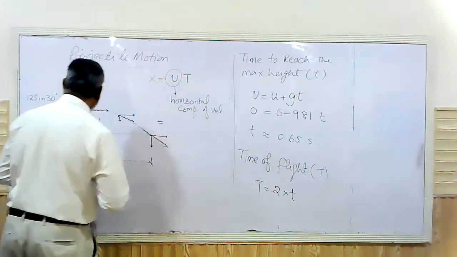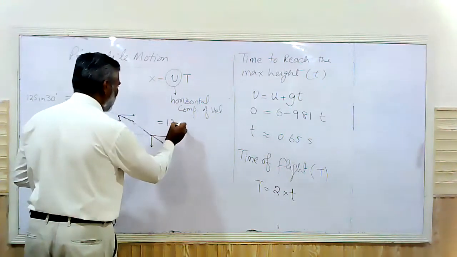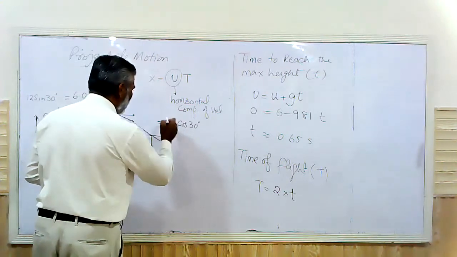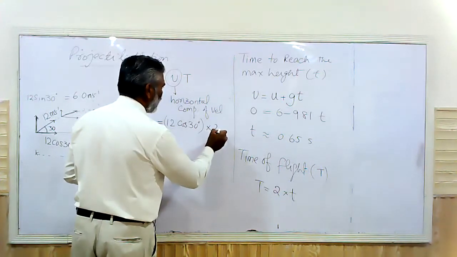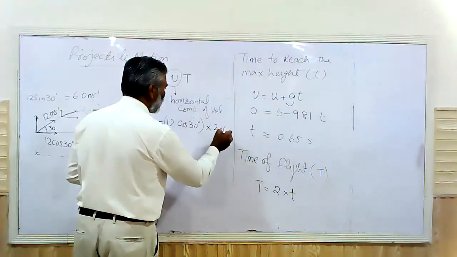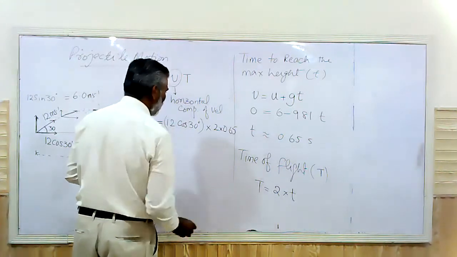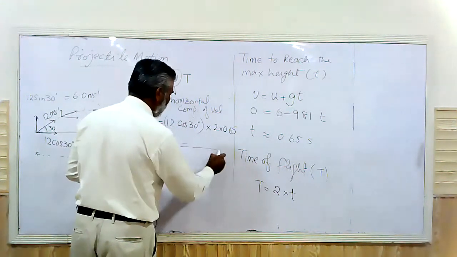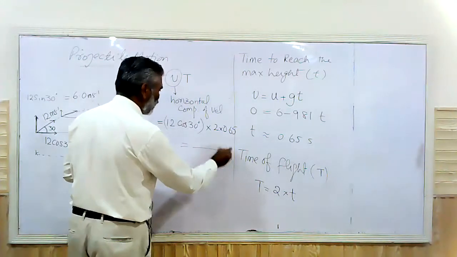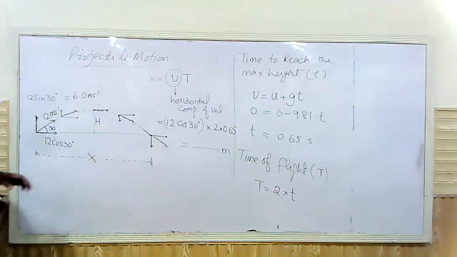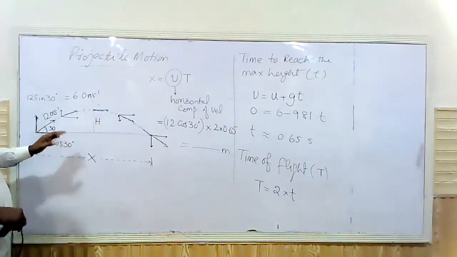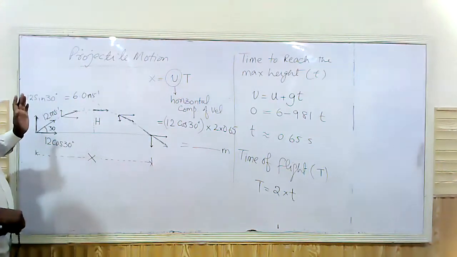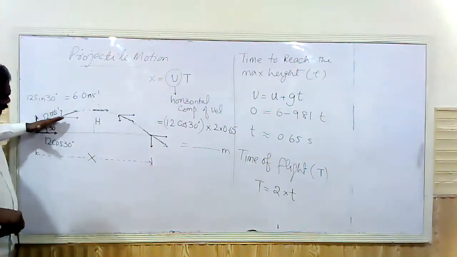So this all simplifies to 12 cos of 30° multiplied by 2 times small t, which is 0.65 second approximately. So you can check this number, but it simplifies to, and this is the distance the object has covered along the horizontal, which is known as its horizontal range, be it a bullet, be it a football you have kicked here at this angle, it moves in the air.